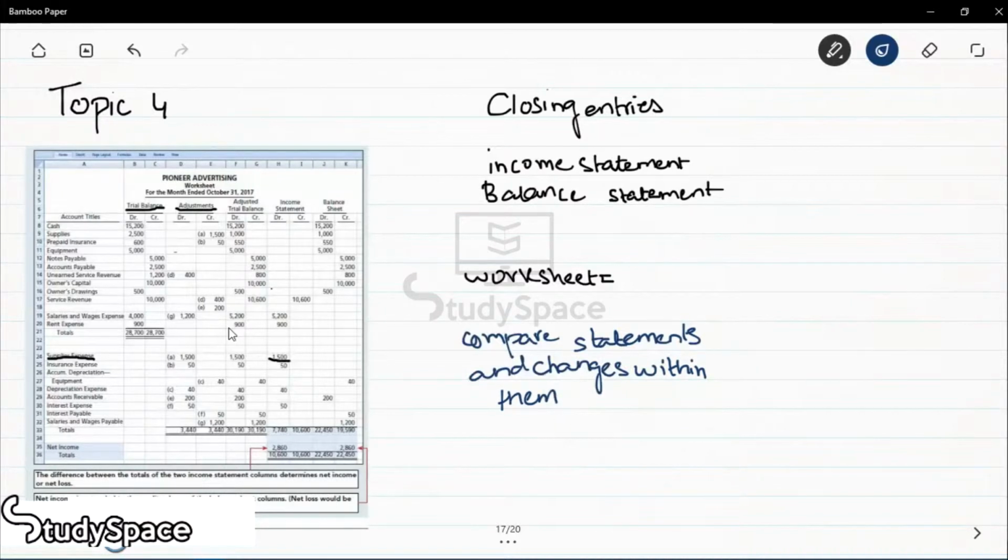This allows us to see the initial statement, which was the trial balance, down to the last product, which would be our balance sheet, and to evaluate all the changes that took place in between the trial balance and the balance sheet.